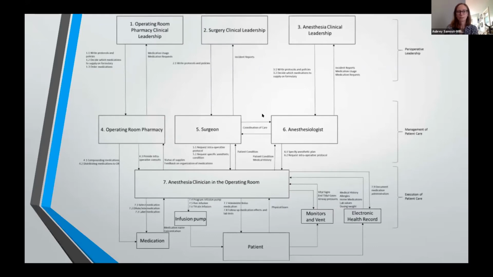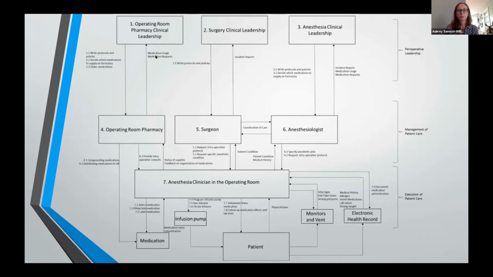And our next step was to model our system. So this is what we ended up settling on for how medications are given in the perioperative realm. We went as high as perioperative leadership. So we had pharmacy clinical leadership, surgical clinical leadership, and anesthesia clinical leadership. And we called this tier the perioperative leadership group.